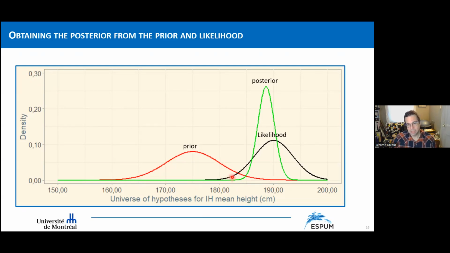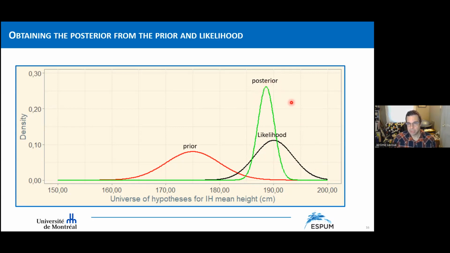You can see in black what was suggested by the data itself, more centered about 190, but also plausible between, I would say, 180 and 200. And then you can see in green the results of combining the two.